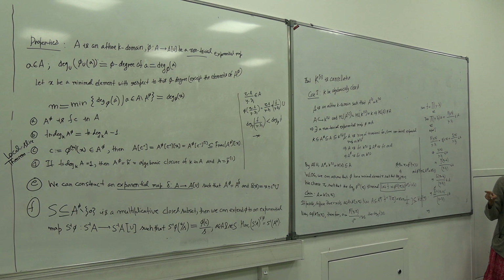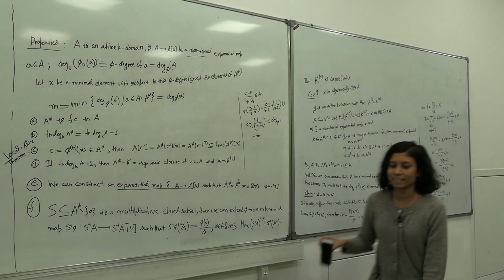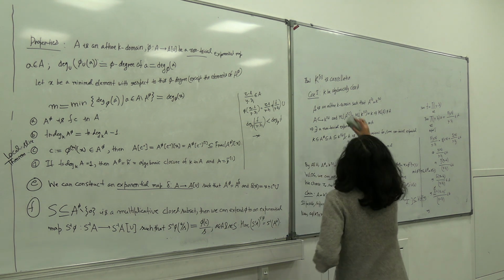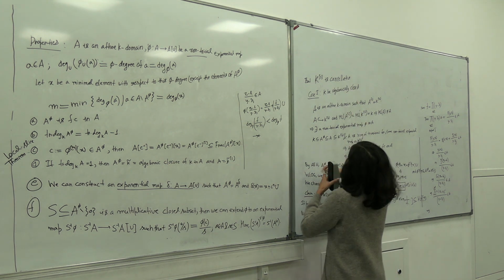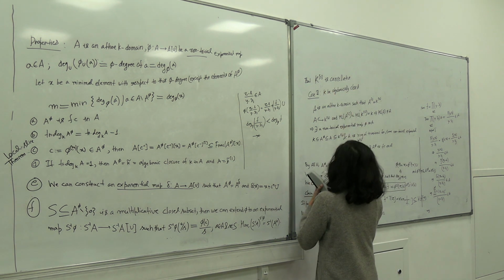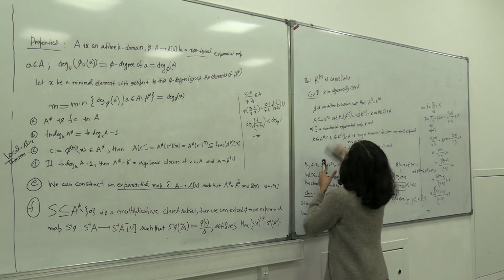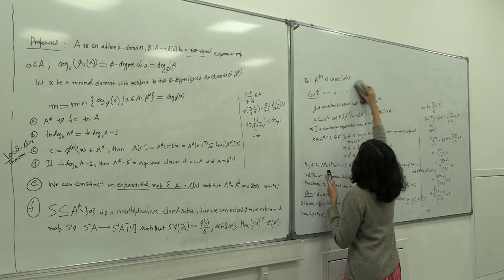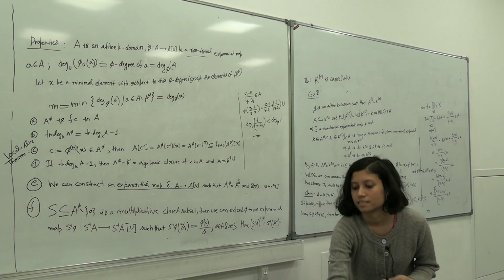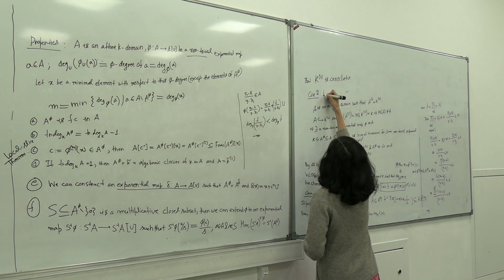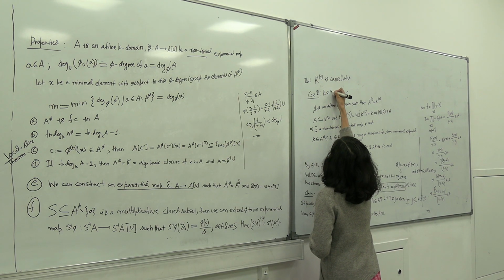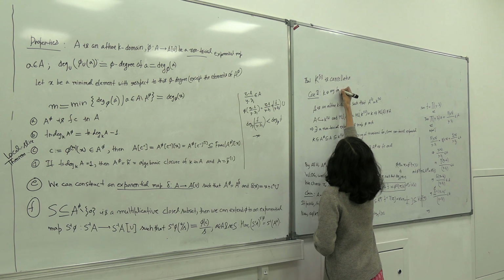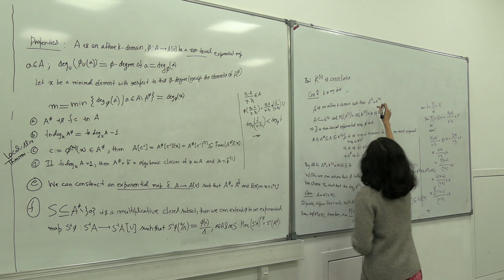Okay, so now let us move on to the non-algebraically closed part. Here also the idea is the same. Now case 2: K is any field. So it is given here.